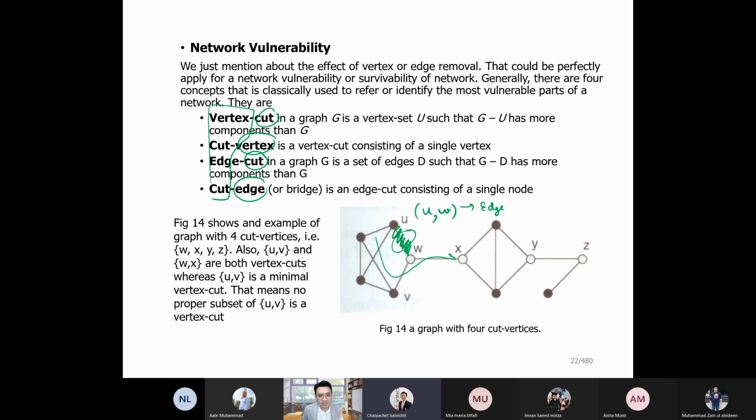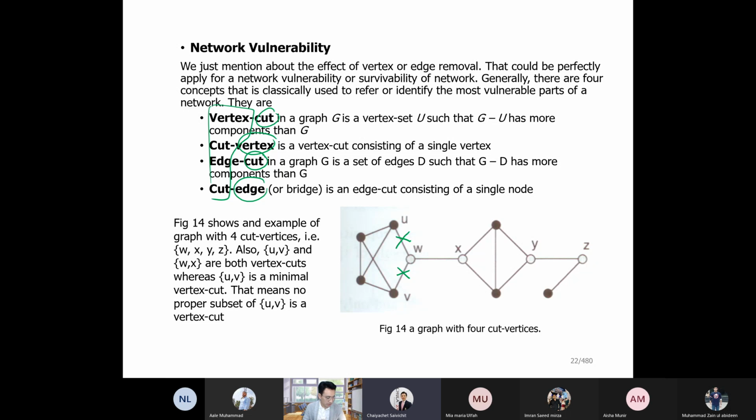So it's not a cut edge. But UW and VW is an edge cut, a set of edges whose removal would cause disconnection. If you cut these two edges, like this one and this one, this would be an edge cut. Okay, UW and VW is the edge cut.